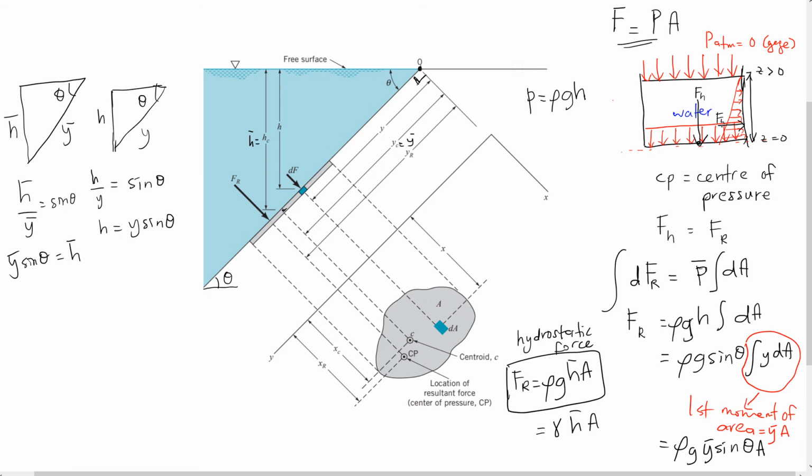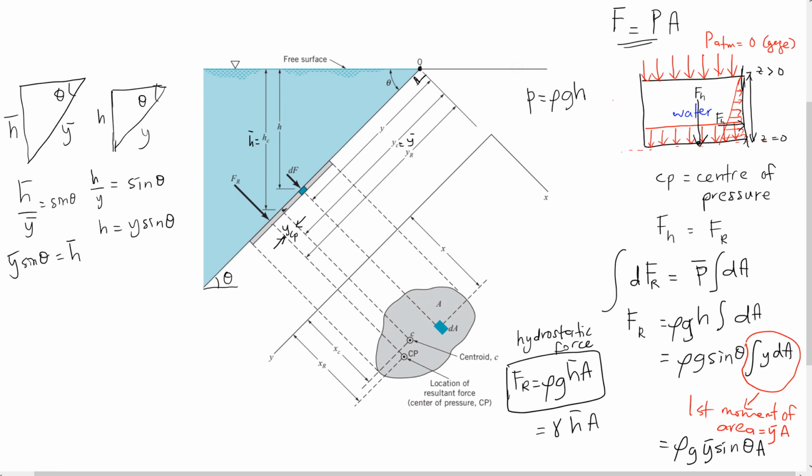Therefore, the force must be concentrated slightly lower than the centroid. So you can see here, the location of the hydrostatic force is slightly lower than the centroid. So you need to know how to measure the difference. This difference is called YCP, the difference from the centroid to the line of action of the hydrostatic force.